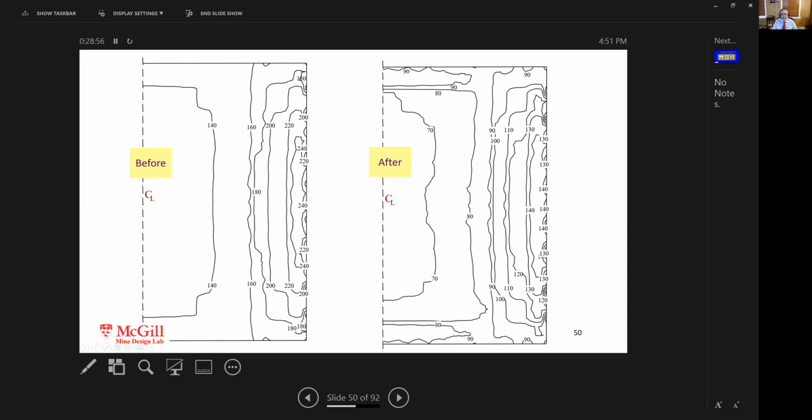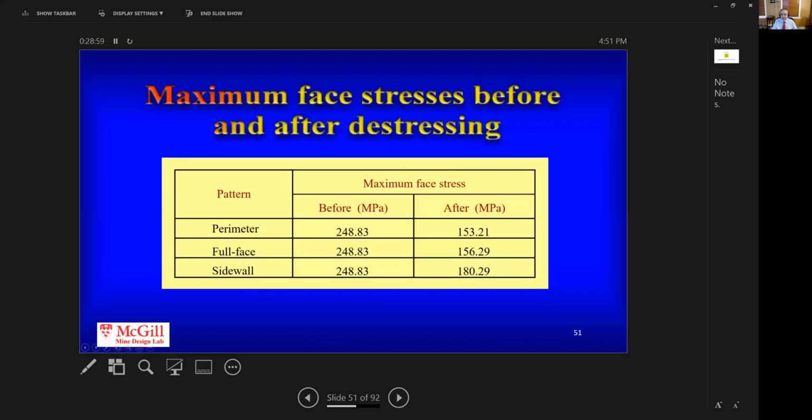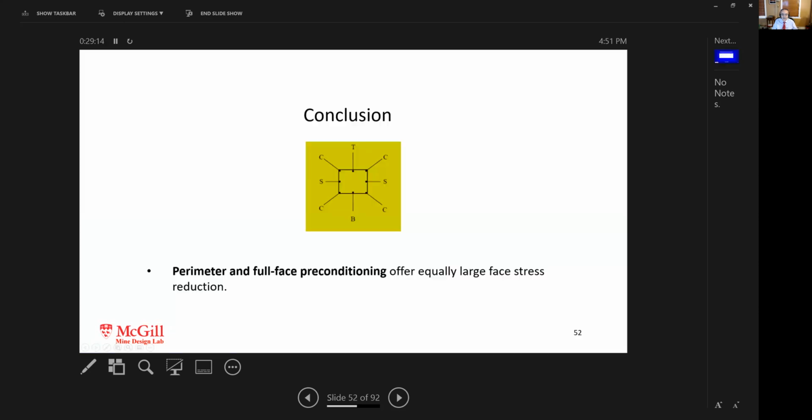And then we summarize the maximum face stress for each case compared to what it was before, and we compare the 3 patterns. So obviously here the perimeter and full face have done the best job compared to the sidewall, and we can conclude that perimeter and full face preconditioning offer equally large stress reductions.